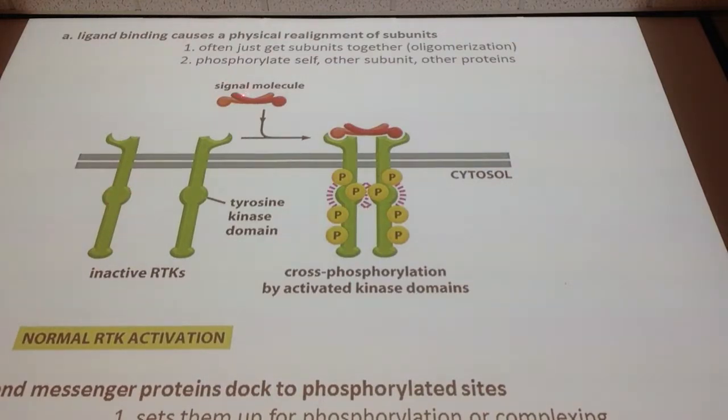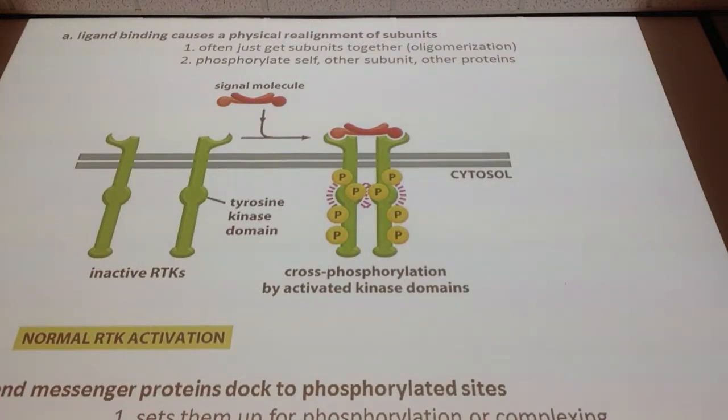Then you would have a signaling molecule that would bind and not only pull the two receptor molecules together, but cause conformational change of both. So now they are interacting, right? So now you form a receptor dimer, an RTK dimer. Now this RTK dimer is not phosphorylated yet, right?